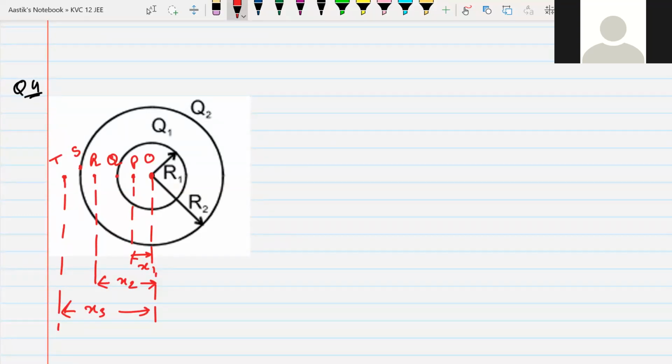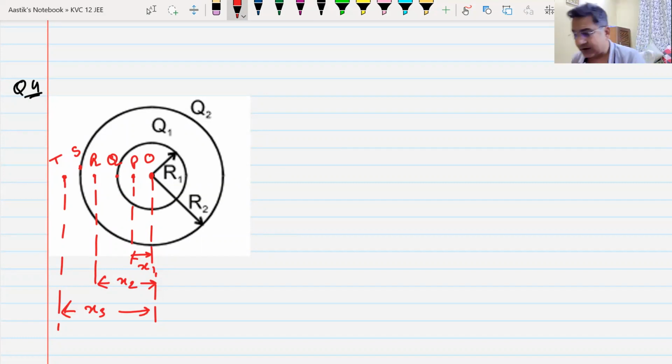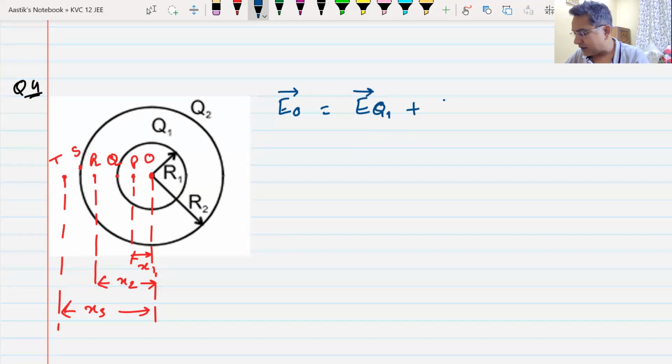How are we supposed to do this? We just have to remember what the electric field created by a shell is at different points. Let me write it systematically. At point O, to get the electric field, I must find the electric field due to Q1 and then the electric field due to Q2.